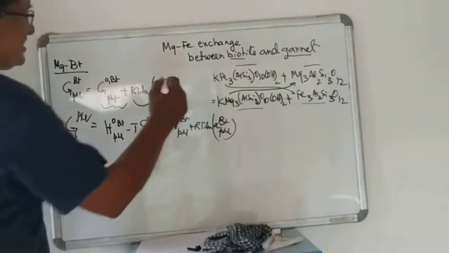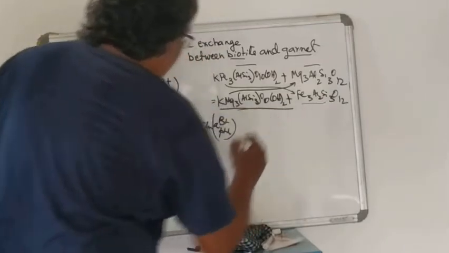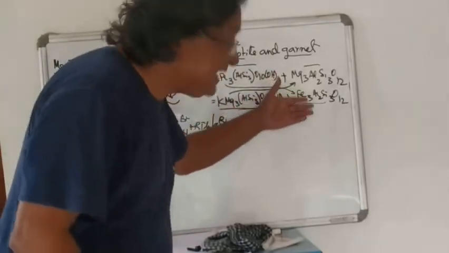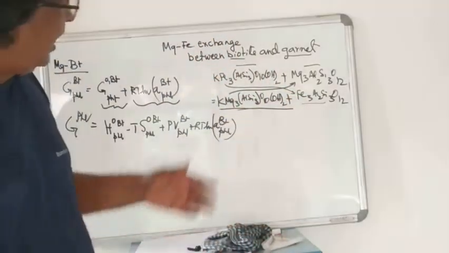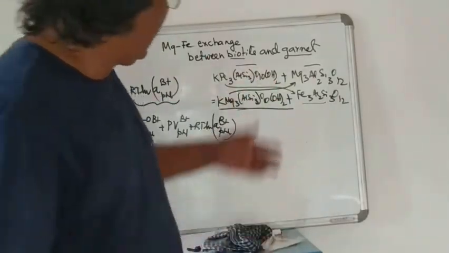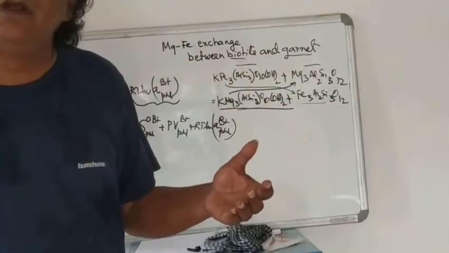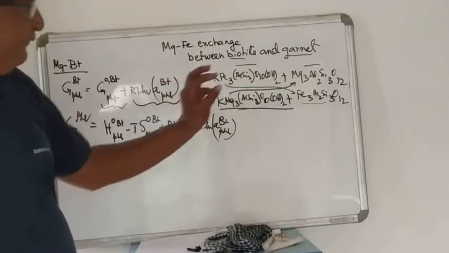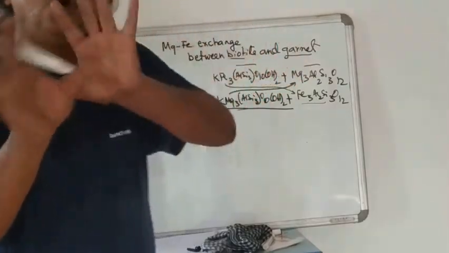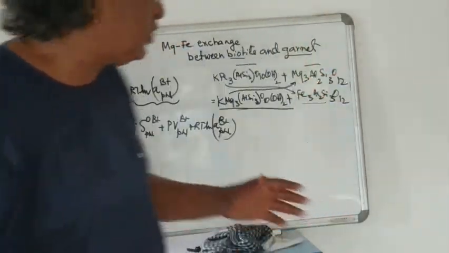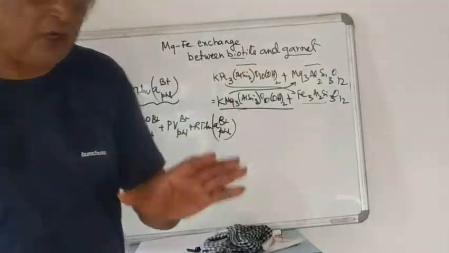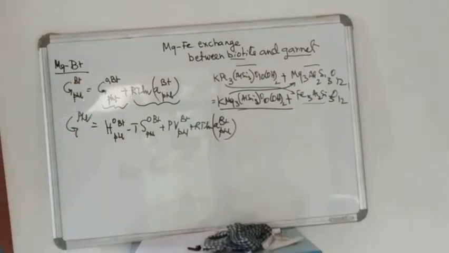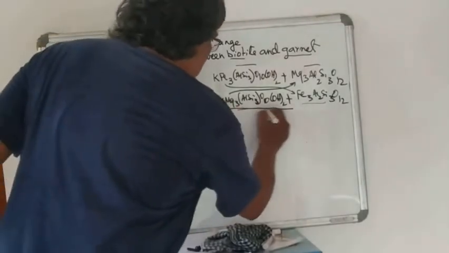So there will be a phlogopite as written in this equation. The right hand side forms the product, and the left hand side forms the reactant. But it is an equal to sign. If you took it the opposite way, nothing would happen. Only the signs would change. So it does not depend on how you write. It depends on that you write a balanced stoichiometric equation. So I have written for phlogopite.